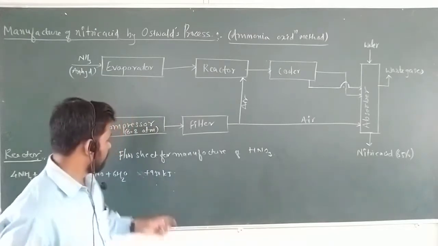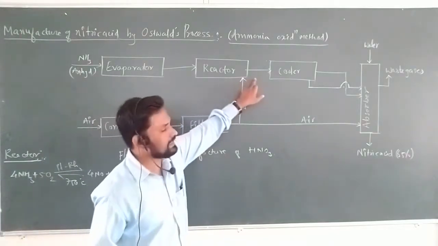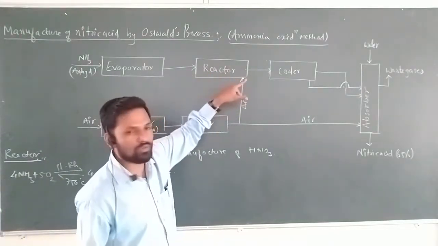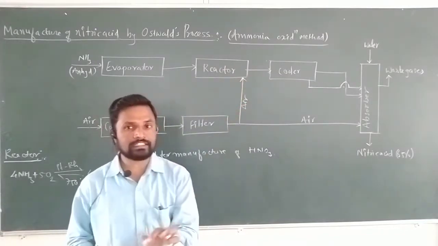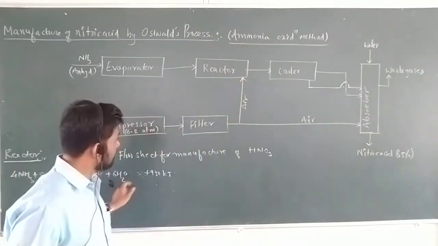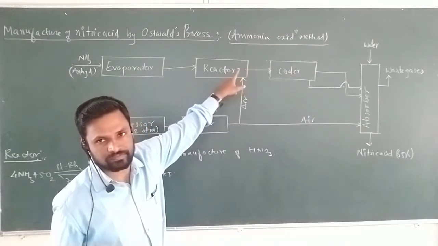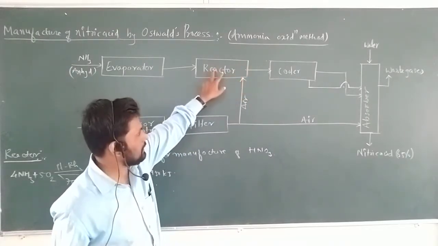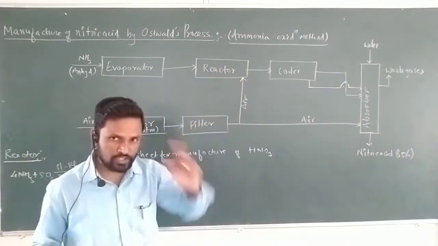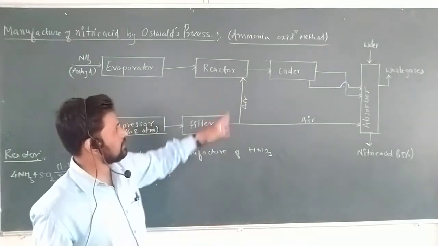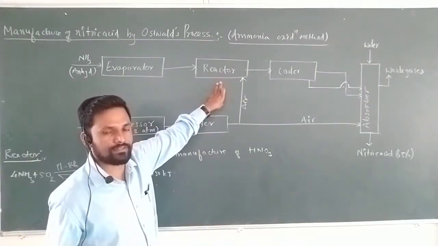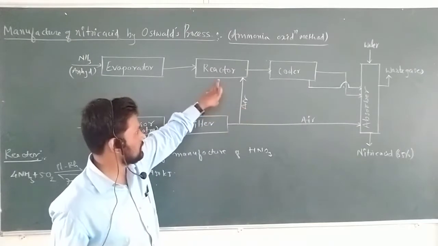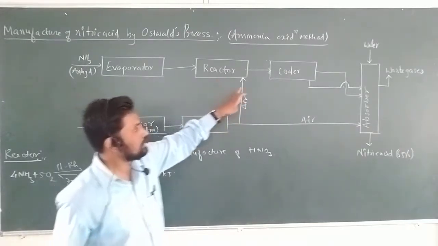Once the heat is evolved, nitric oxide is formed. That is step 1, carried out in the reactor, where the platinum and rhodium catalyst gauze is situated. So the first reaction, the conversion of ammonia to nitric oxide, takes place in the reactor, where NO is formed.